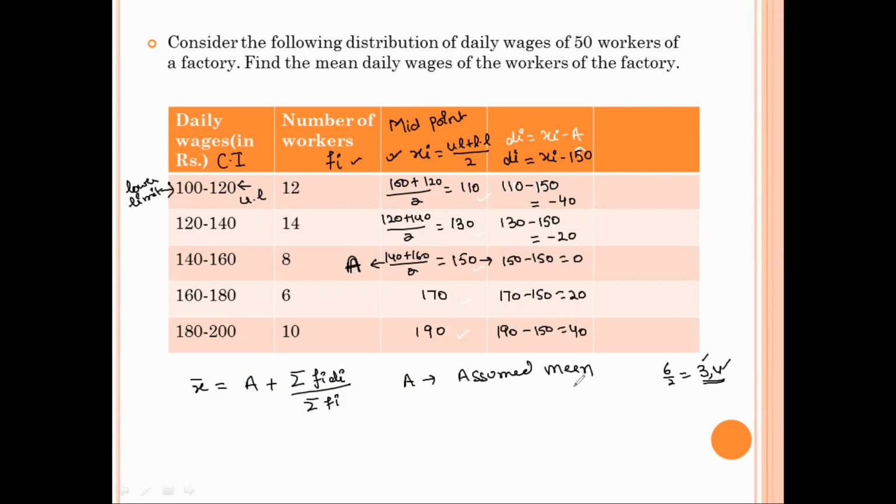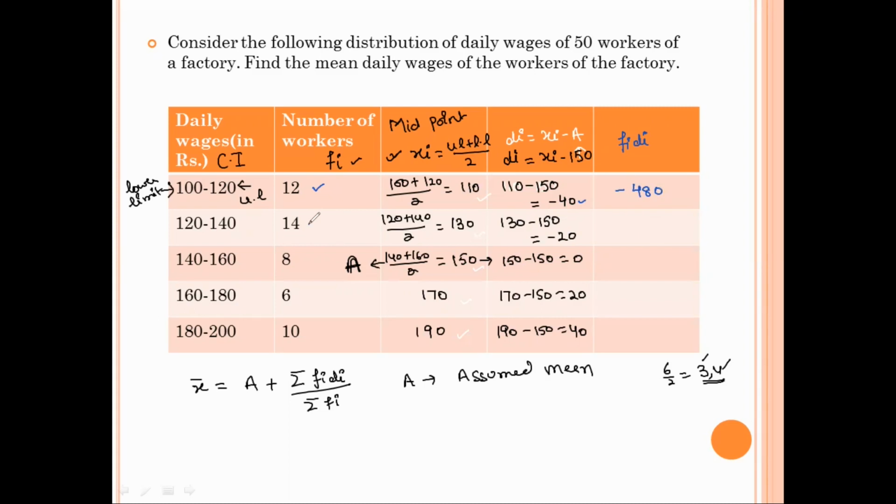In the next, हमारे पास क्या है, summation of fi into di. Means we are going to multiply fi value and the di value. तो हमारे पास di वैल्यूज क्या है -40 और fi वैल्यू इज 12. So 12 into -40 is -480.